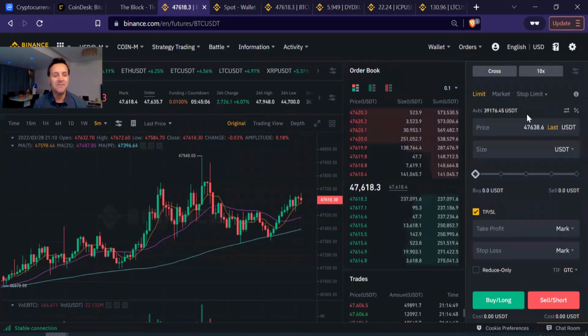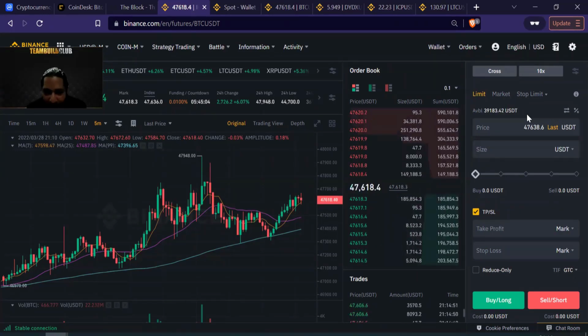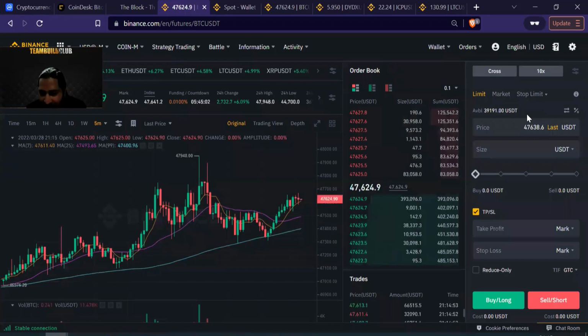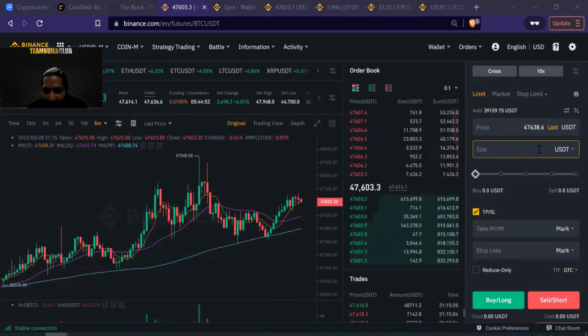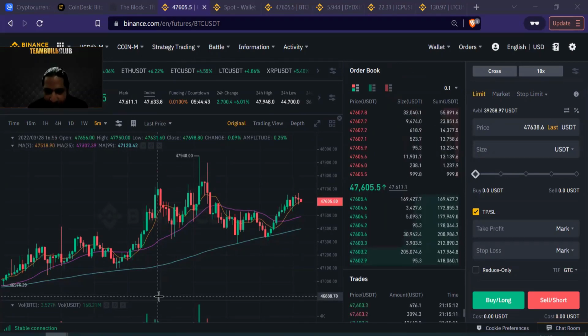So the next thing that is going to happen is, after the transfer of funds inside the futures account, it's not like people will be able to trade straight away. If we try to open a trade here, Binance will show up a quiz, but Mr. Alexis has already done the quiz. For everybody who is brand new to futures, there will be a quiz that is going to show up.